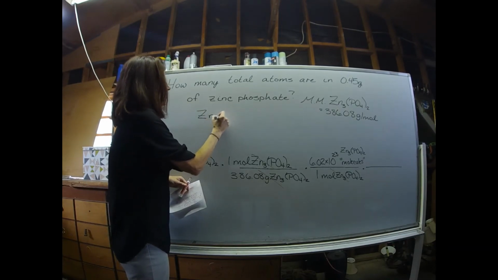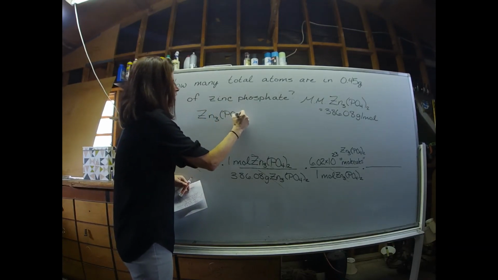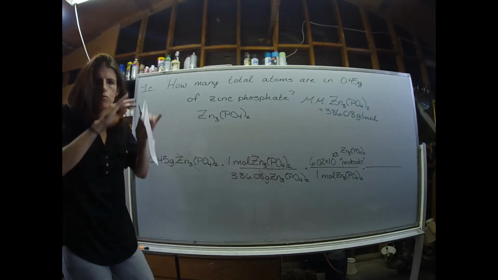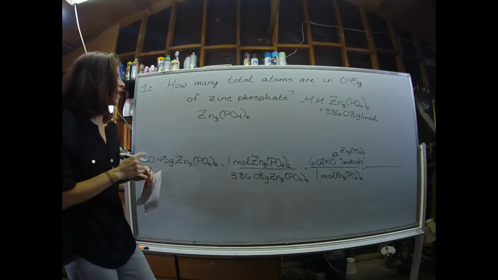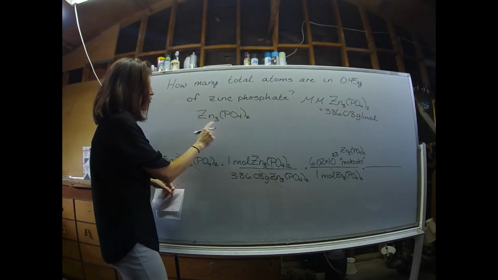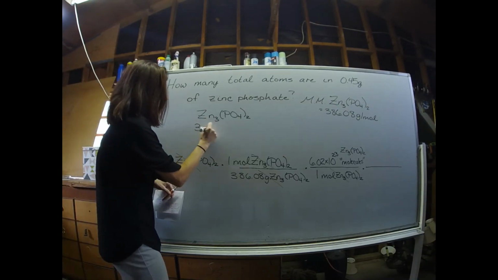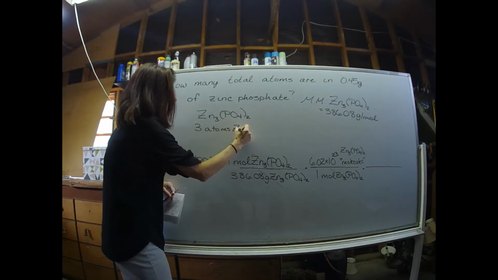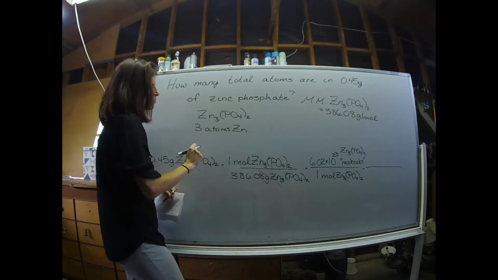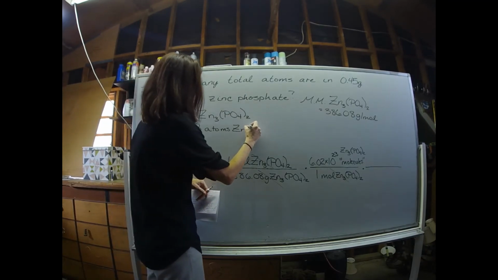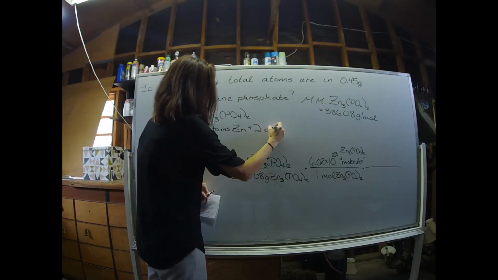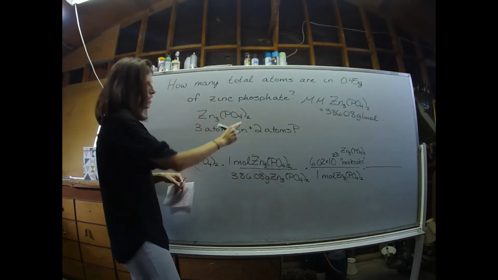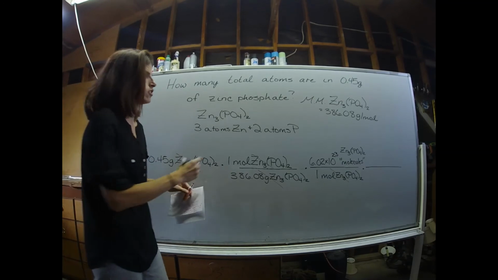Or think about if you were going to use your molecular modeling kit to go ahead and build one unit of zinc phosphate. You would need to grab 3 atoms of zinc and 2 atoms of phosphorus and to complete your model you need 8 oxygen atoms.